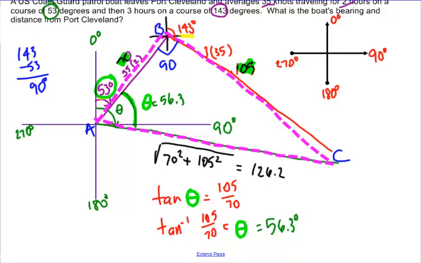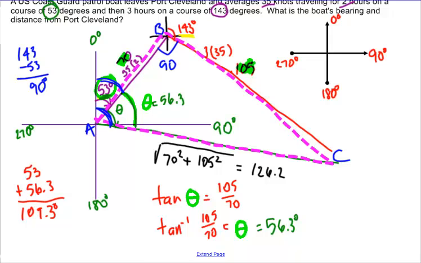Now, the boat originally has this 53 degrees, and you add this blue angle plus green angle together to get the overall bearing for the boat. So you have 53 plus 56.3, which is 109.3 degrees.